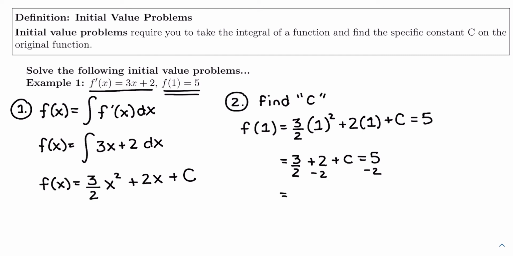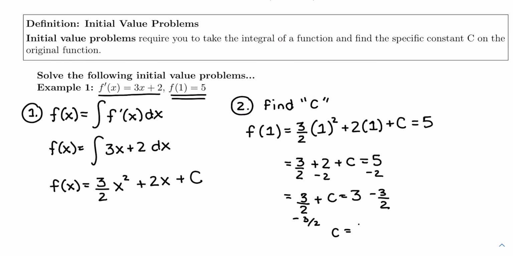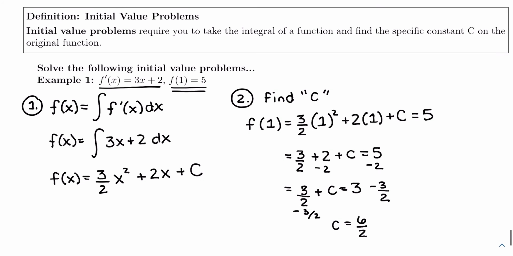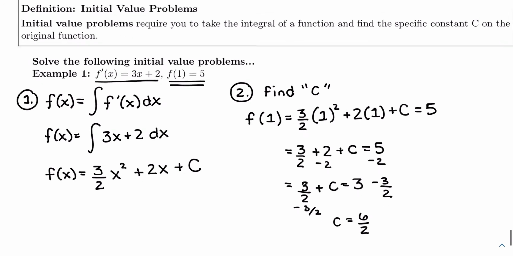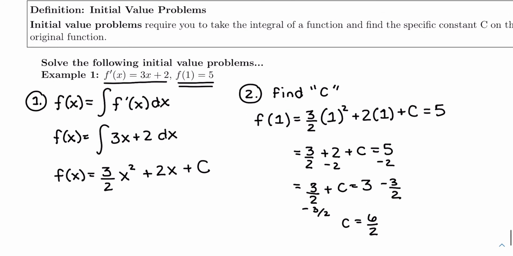So I have 3/2 plus c equals 5 minus 2, which is 3. Then I eventually have to subtract that fraction over. 3 is the same thing as 6/2, minus 3/2 is just going to give me 3/2.